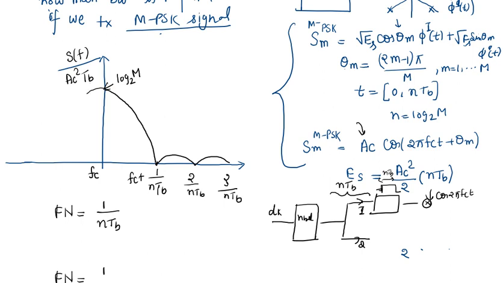This is the way you can plot the PSD of any M-PSK signal. And the shape will be sinc squared, because we are choosing a rectangular pulse here. Had we chosen another pulse like raised cosine, this shape would change, because I told you that its power spectral density depends upon the Fourier spectrum of the pulse you choose in the line coder.